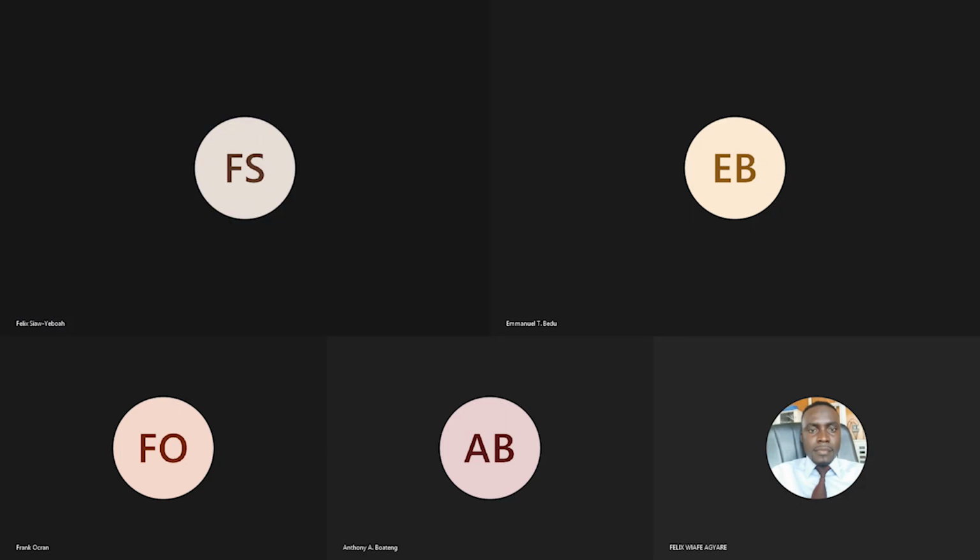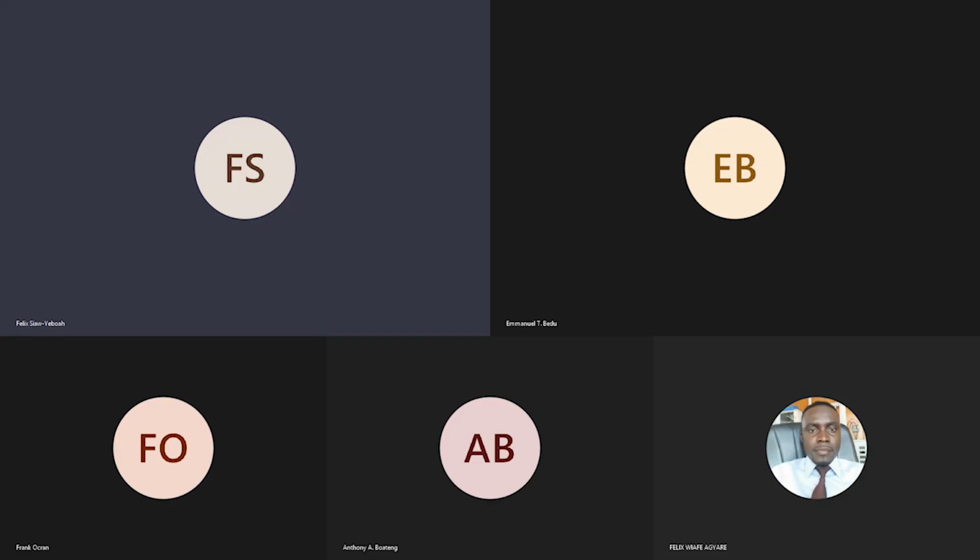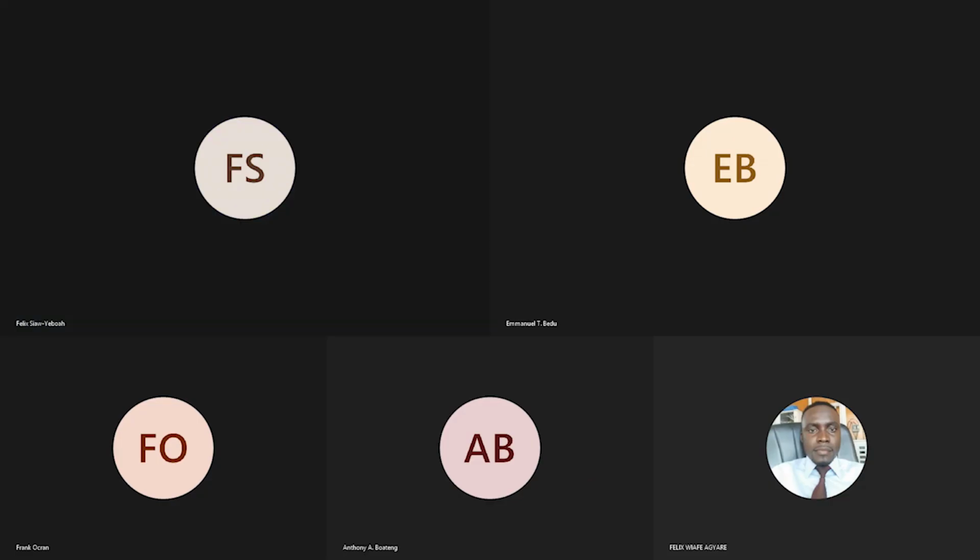Go here, click on this. So it's saying A is 50, then B is 25. Okay, so now let's calculate it ourselves and see if A is truly supposed to be 50.